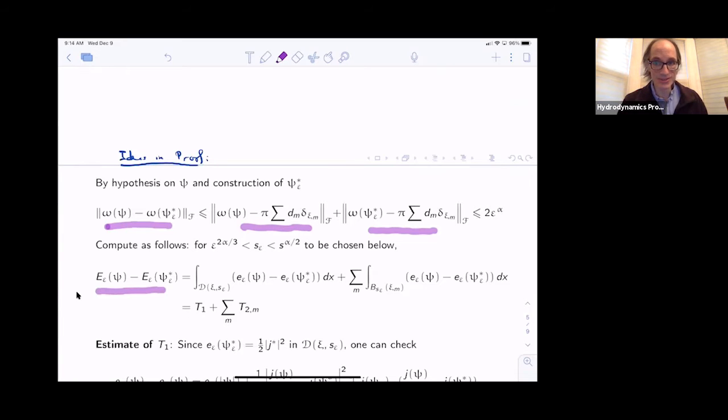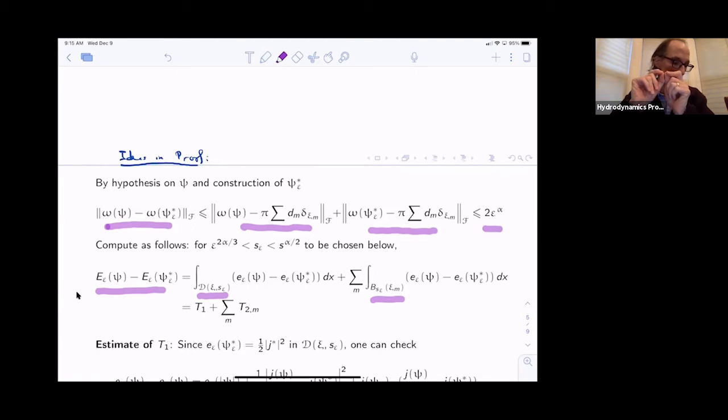I'll start as follows. I want to decompose this into contributions away from the points c, the vortices, and contributions near the points c. Remember that everything is close to each other: the vortices of psi and psi star are close on a very small scale, epsilon to the alpha.